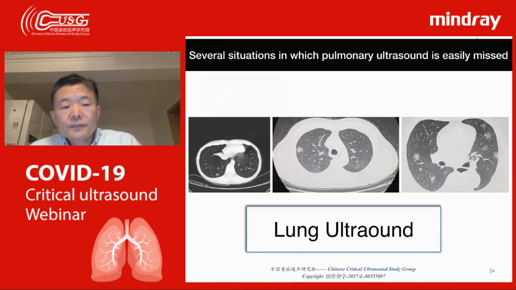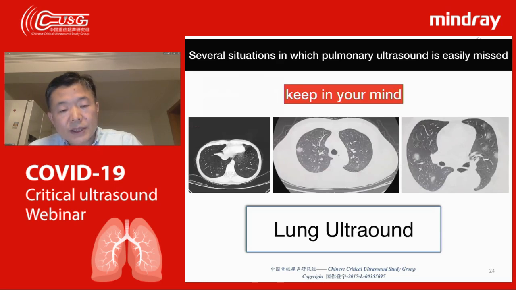And there are several situations in which lung ultrasound is easily missed. This kind of pathology does not always happen in the peripheral part of the lung. Sometimes it happens in the central part of the lung, and in this condition the ultrasound can't reach the change in the lung.